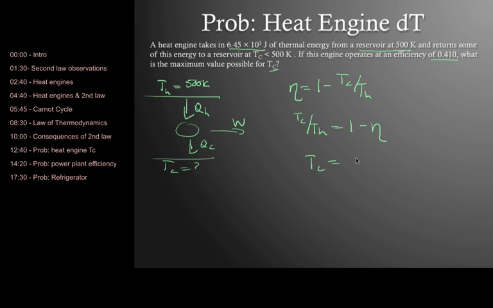So I get TC is equal to 1 minus eta times TH. Now I can just plug in what I know: 1 minus 0.41, times TH, which is 500 Kelvin. So my TC is going to be 295 Kelvin.